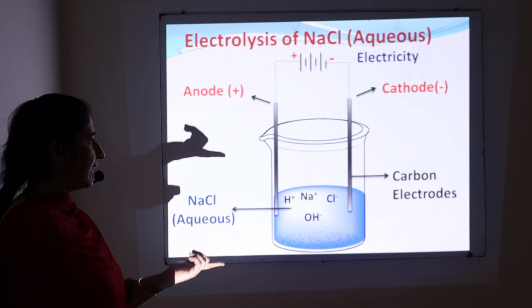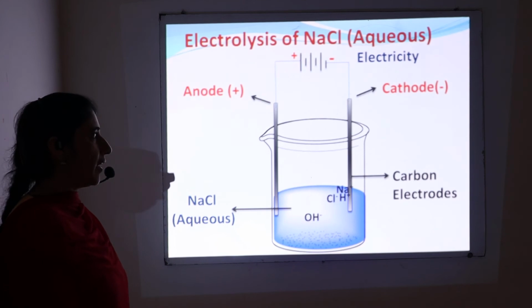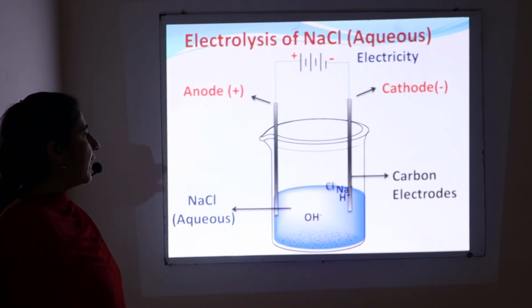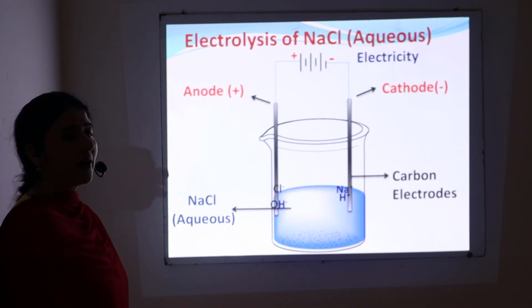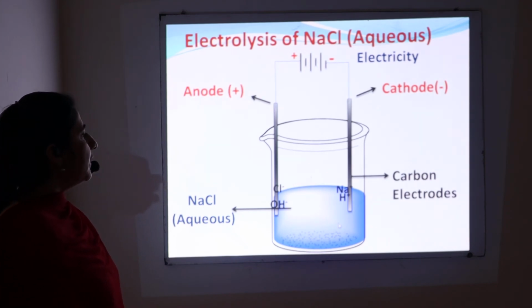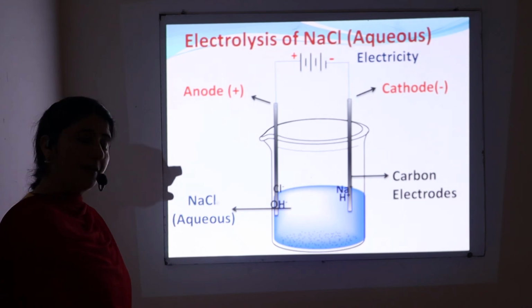The anode is denoted by the positive charge. So we have two types of positive ion at the cathode and two types of negative ion at the anode.